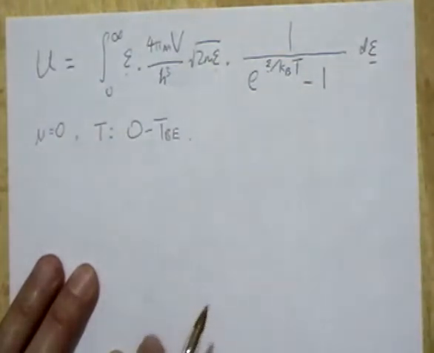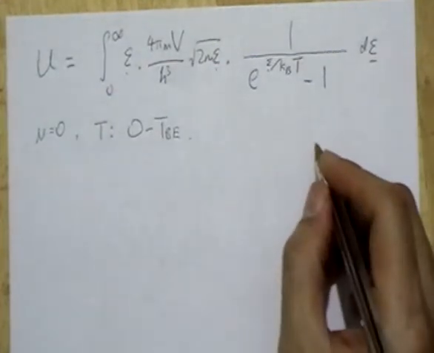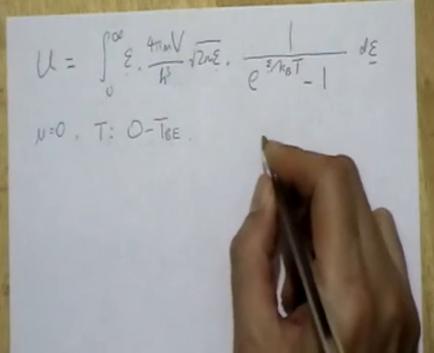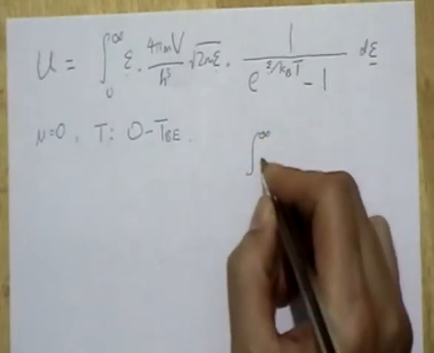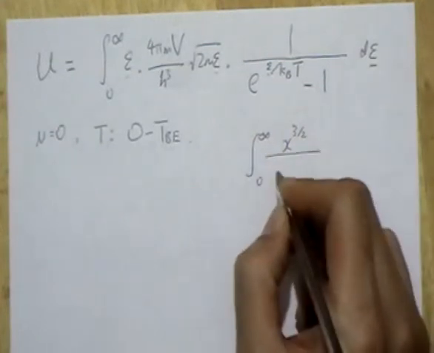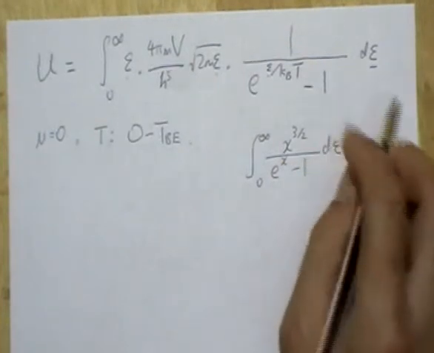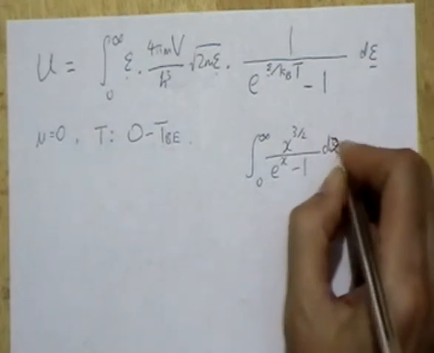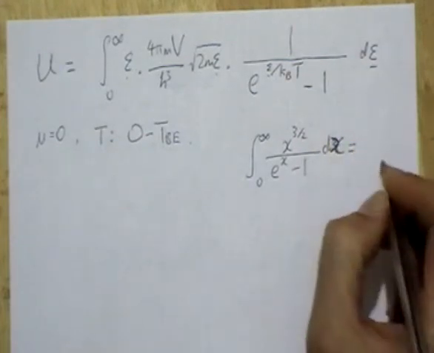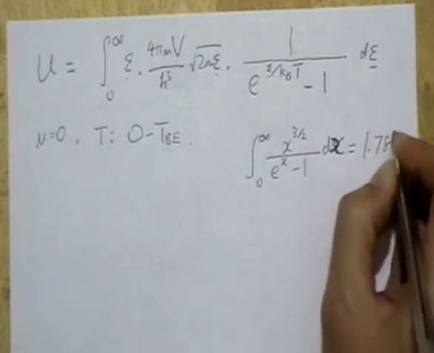Okay, and there is a formula from the table of integrals that we can use. Let me write it down here. The integral of x to the power of 3 halves over e to the power of x minus 1 dx equals 1.783.